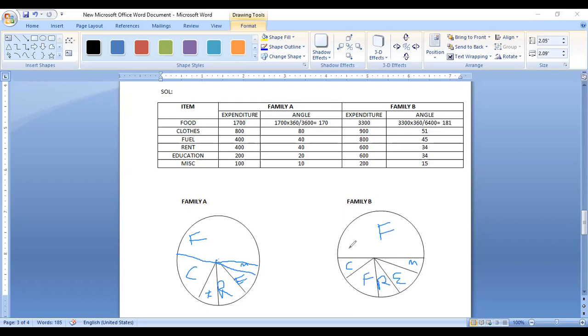It is very useful in understanding breakup of a given total into various component parts. So in the case of a pie diagram, total items are made equal to 360 degrees, because we are taking a circle to depict the variables. Okay, so I hope you understood.